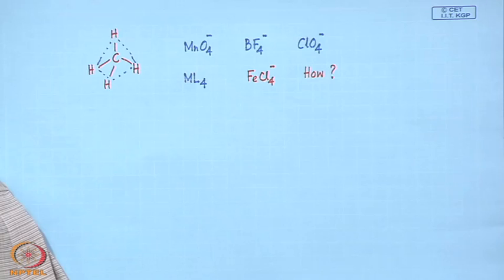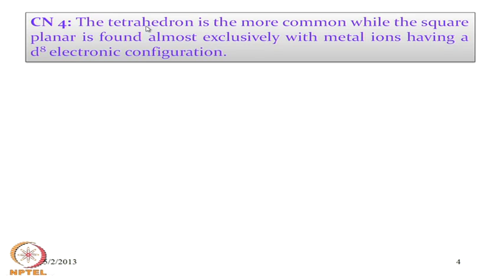This particular geometry, which is tetrahedral in nature, is the most common one, but the other variety we can encounter is the square planar geometry, and they are found almost exclusively with metal ions having d8 electronic configurations.